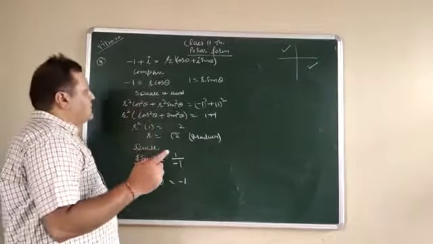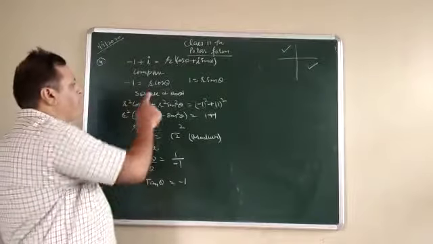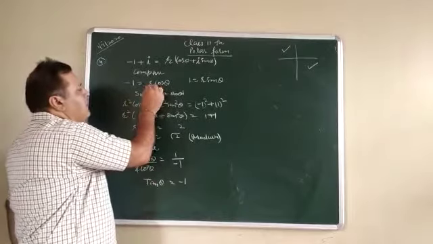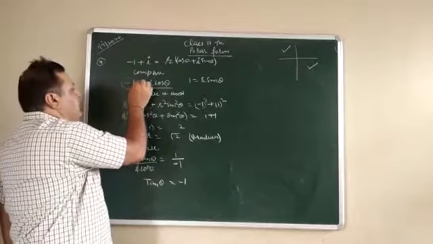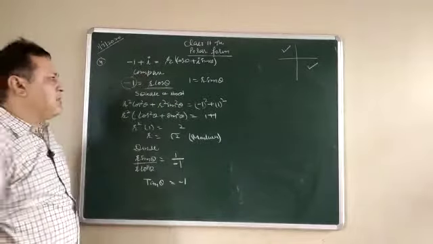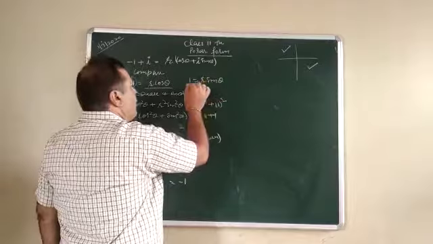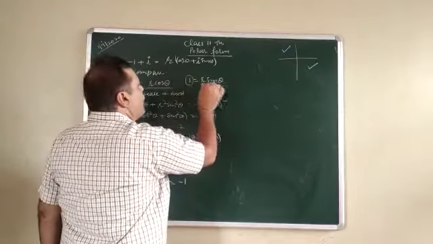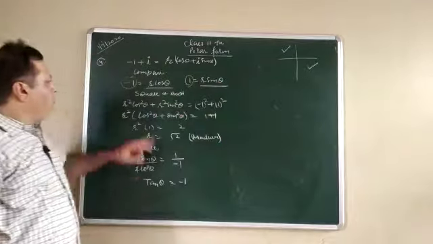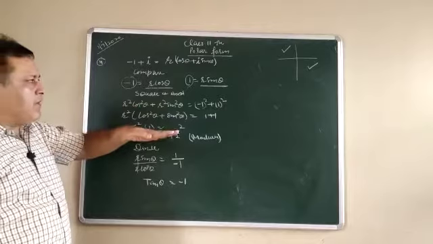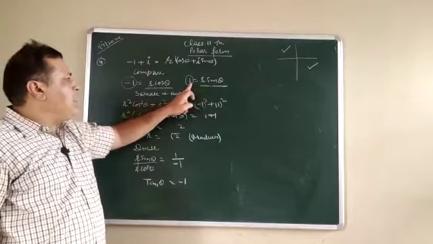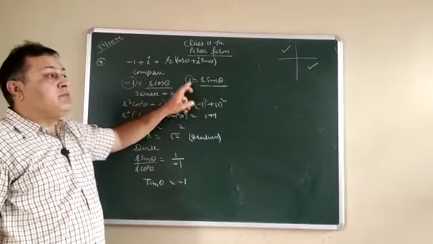I just discussed in the previous video that the cos function always tells us about the value of x, and the sin function always tells us about the value of y. So if you observe, the value of cos theta is negative, it means the value of x is negative, and sin theta is positive, it means the value of y is positive.